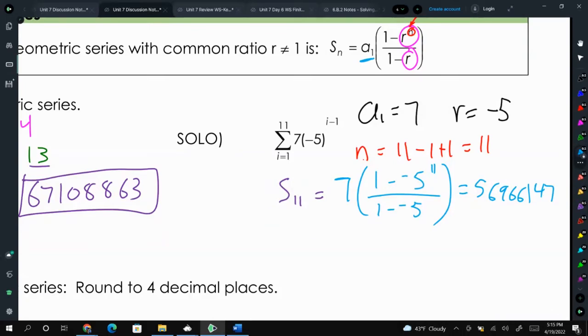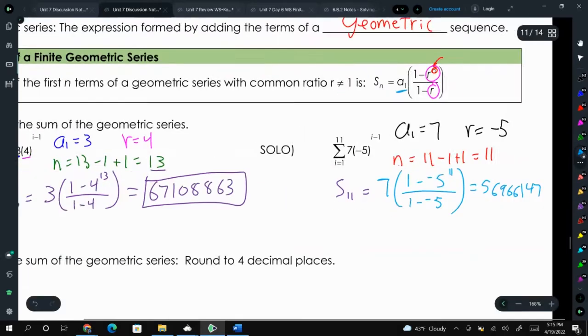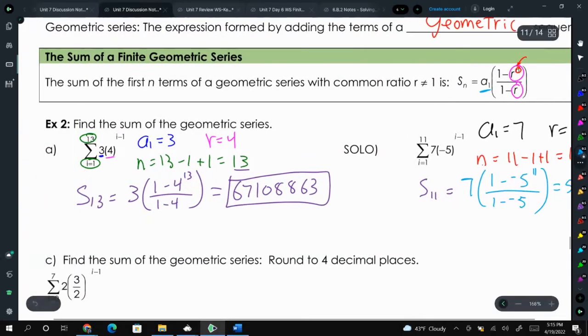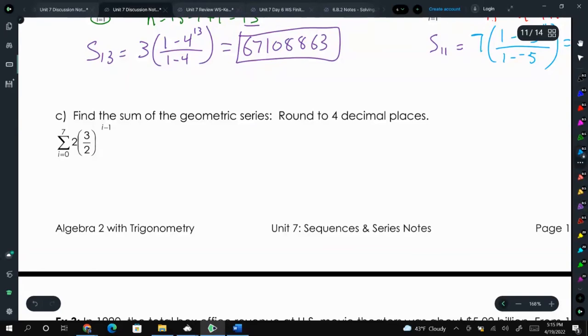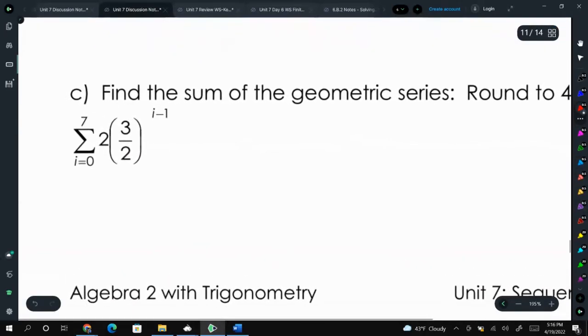So I want you to be able to use this formula and practice that. Find the sum of this geometric series. Now, look, we're starting at 0. Our formula, though, always starts with that first term.